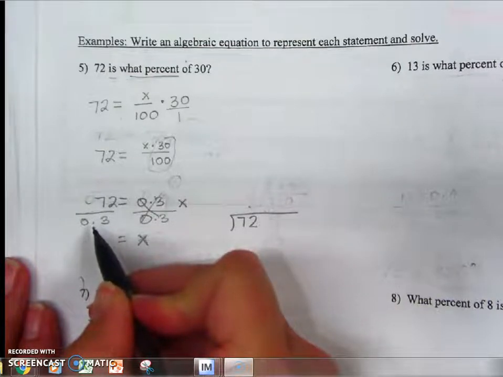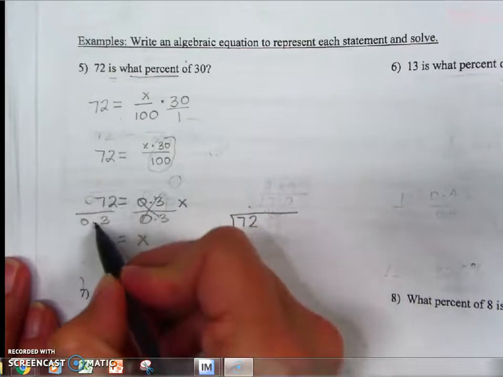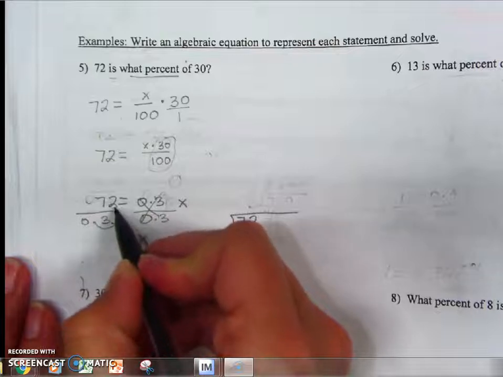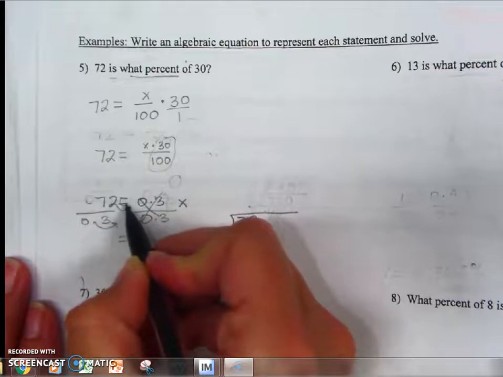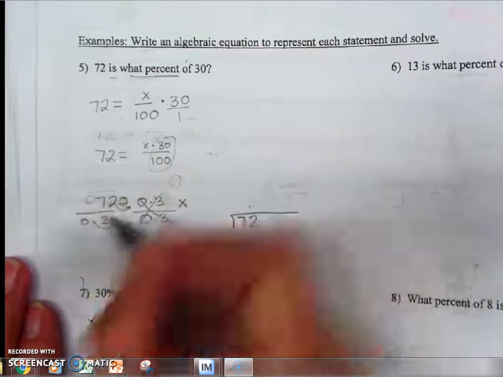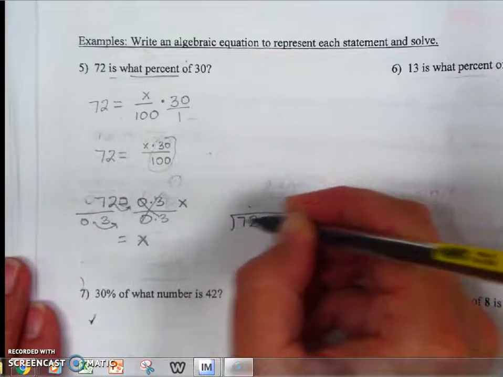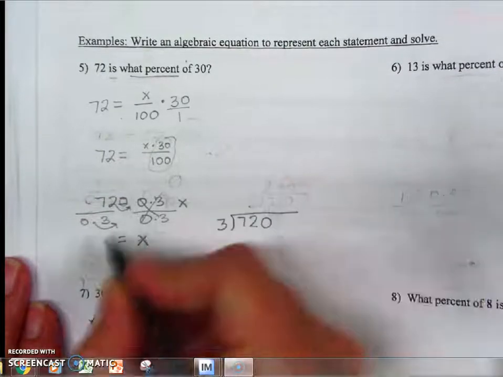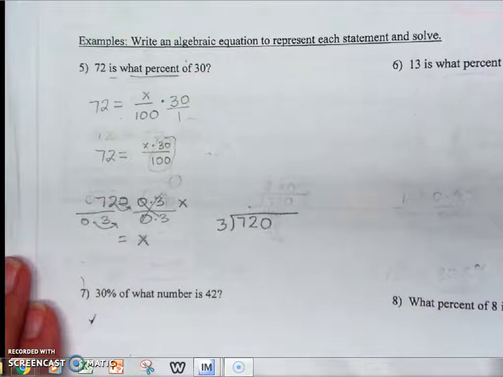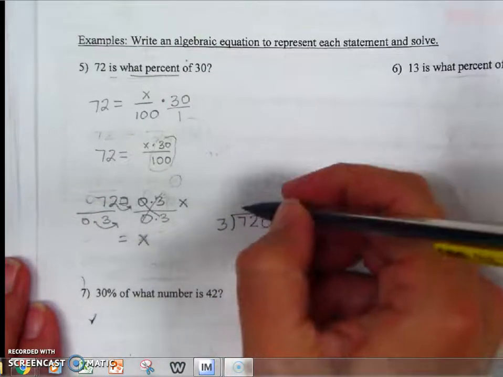But remember, we can't divide by a decimal, so I'm going to move that one time, which moves this place value 1 time. Technically, I'm multiplying that by 10 to get rid of that decimal. So that means I'm going to add a 0 in here, and outside I can just write 3 instead of 0.3. Now, 3 goes into 7 twice.